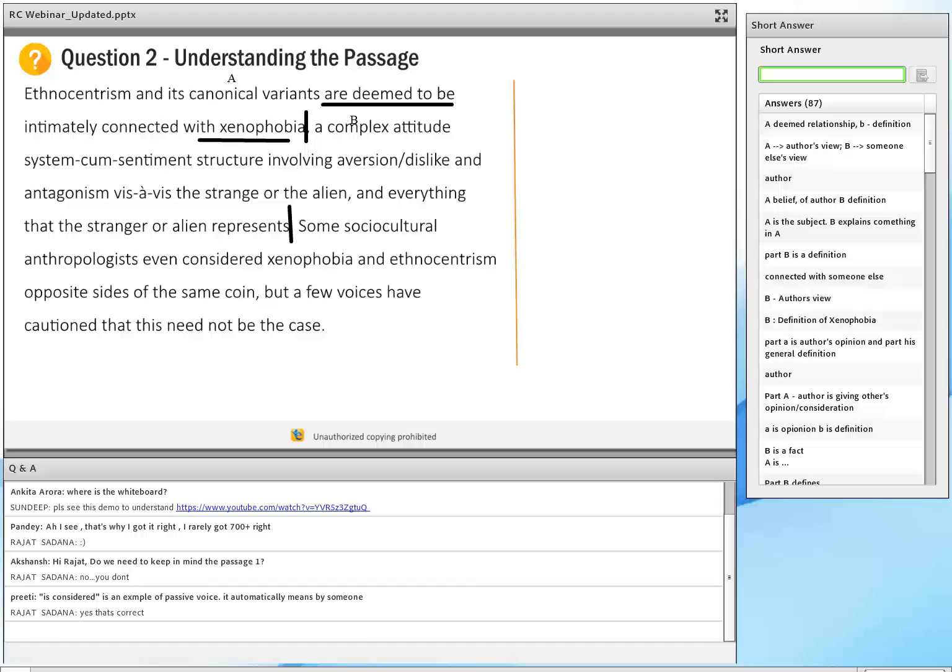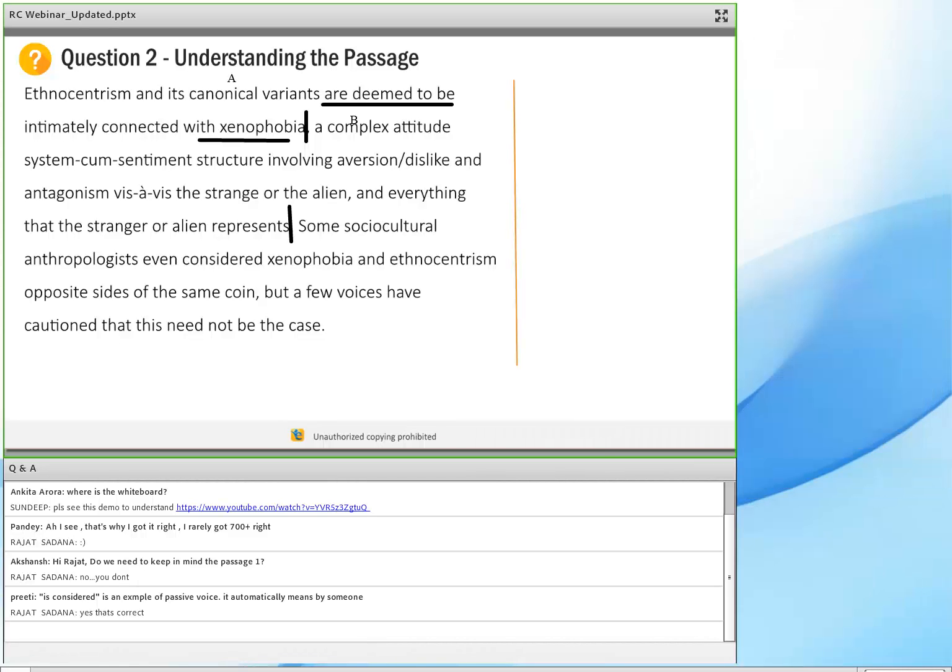It's a statement. So the difference over here, that's great. When you read part A, what the author does is he presents a view. A is equal to a view presented by the author. And let me just put in over here, whereas B is the definition that the author believes in.